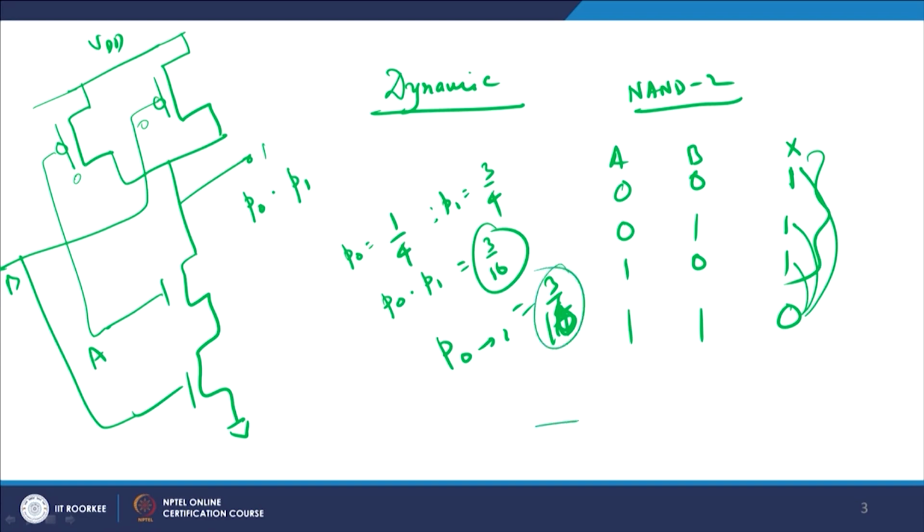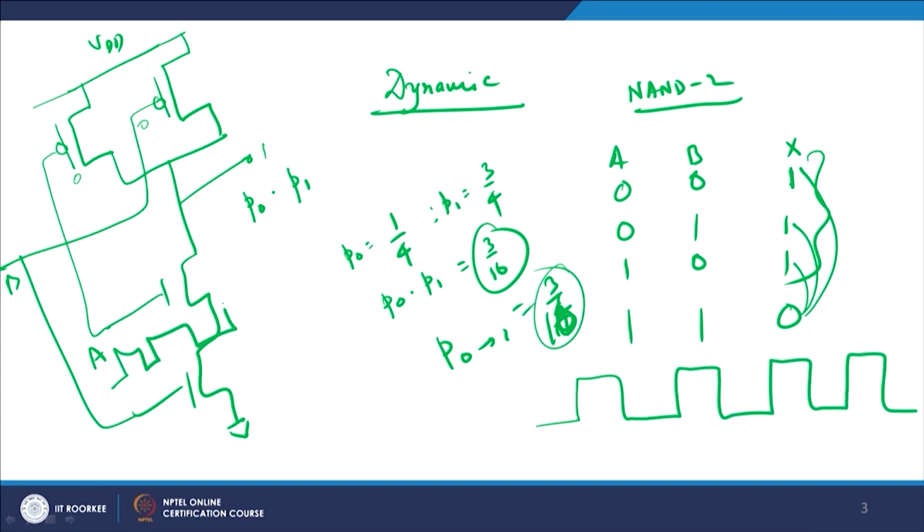If I have an input cycle which is something like this on the A side, and B is latched to say 1, then you can find how many transitions there are on the output side from 0 to 1, right.